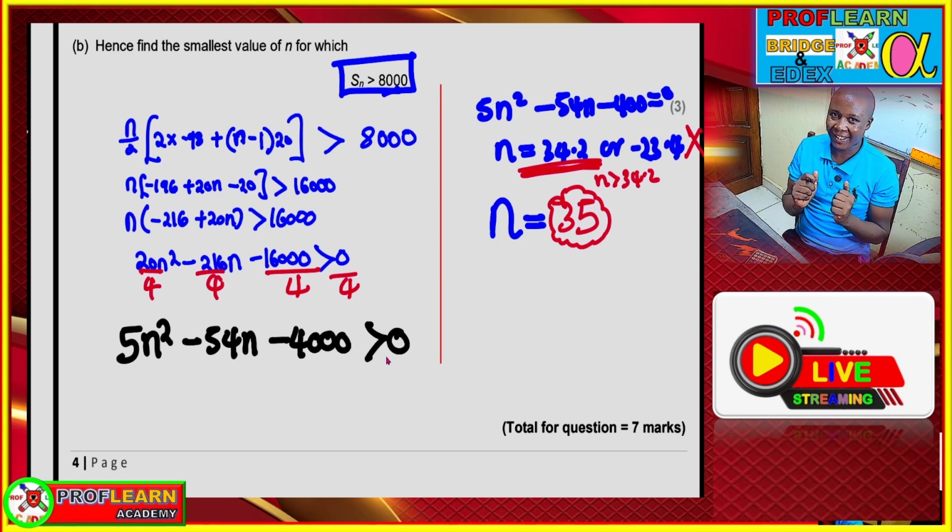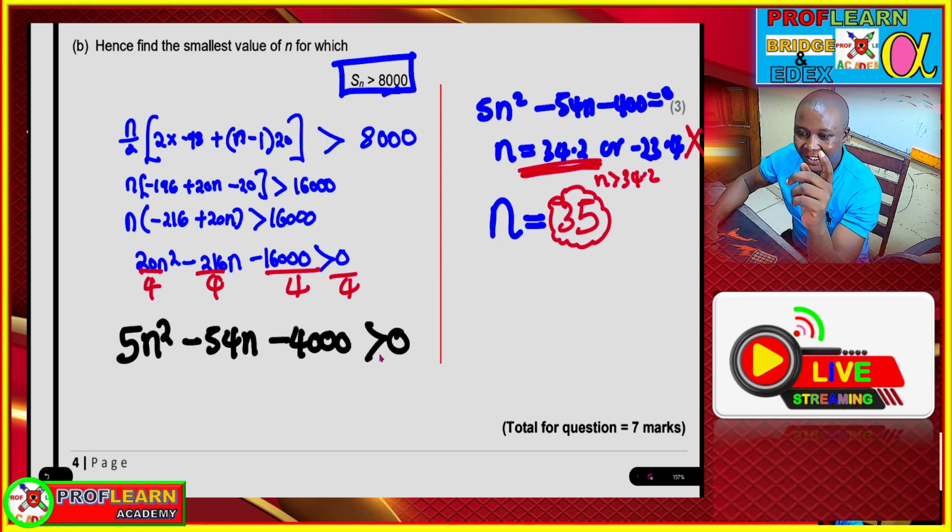Now once you are there, you assume this is an equal sign, then you solve the quadratic equation. Upon solving using maybe the quadratic formula, you are going to get n is 34.2 or n is negative 23.4. There is no way the number of terms can be negative, so we discredit that from the calculator.